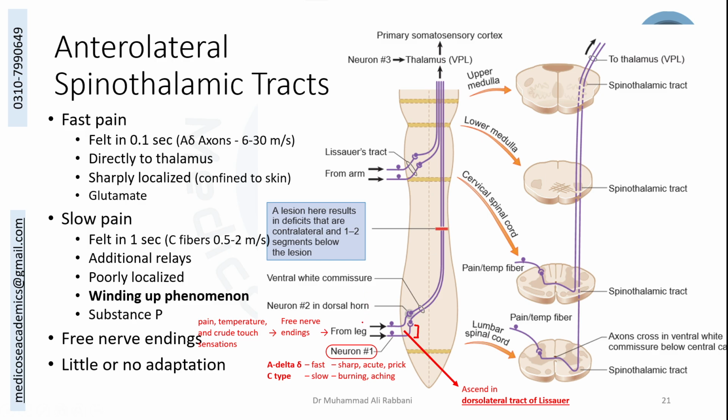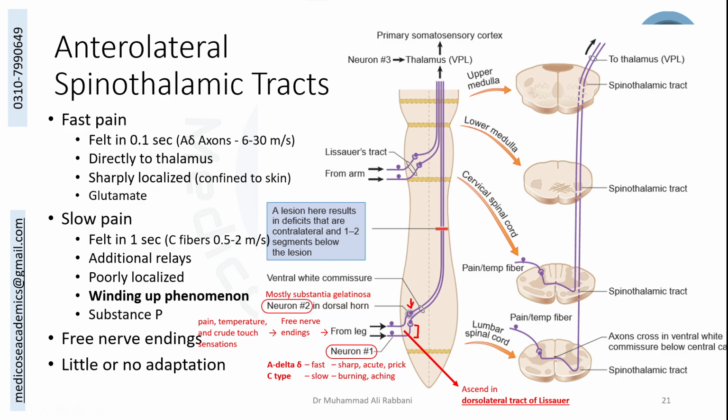After reaching this, it is now going to synapse right here, to the second order neuron. This second order neuron is in the dorsal horn. In most cases, it's the substantia gelatinosa. If you are discussing that, writing substantia gelatinosa as the second order neuron is a very safe option.